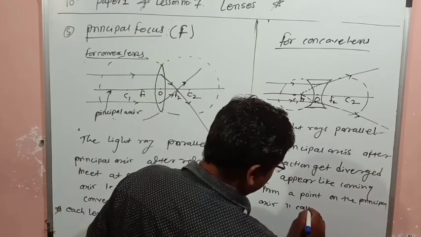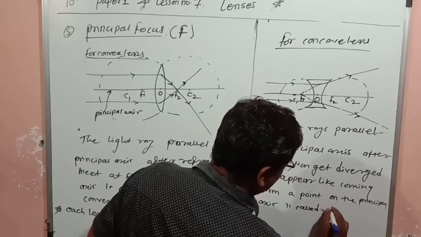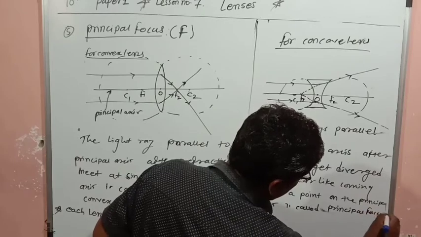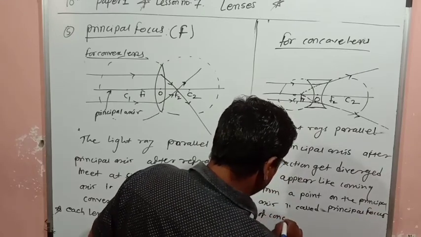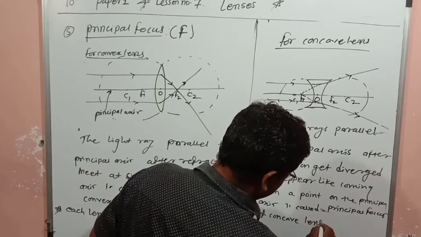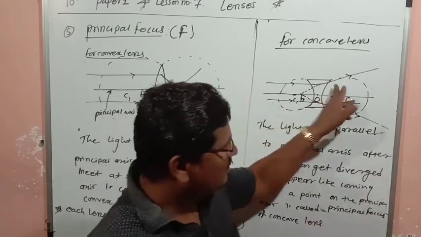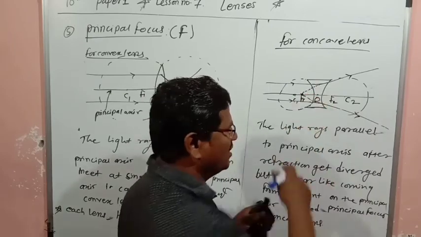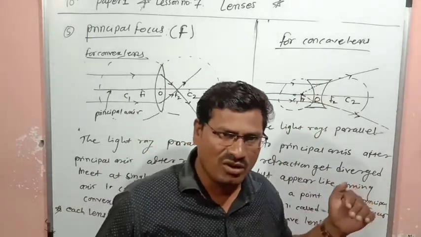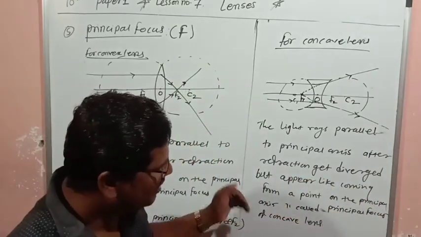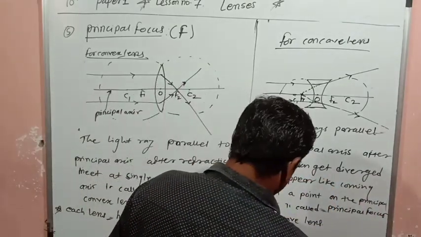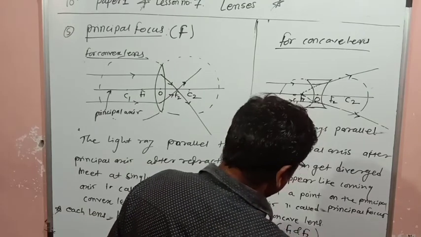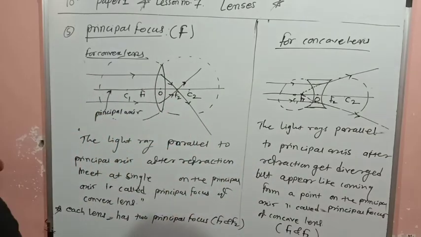That is called the principal focus of a concave lens. So here light rays after refraction will get diverged, but they appear like they are coming from the point F1, a point on the principal axis. So it is called the principal focus. And here also it has two principal focus, F1 and F2. So these points are clear.